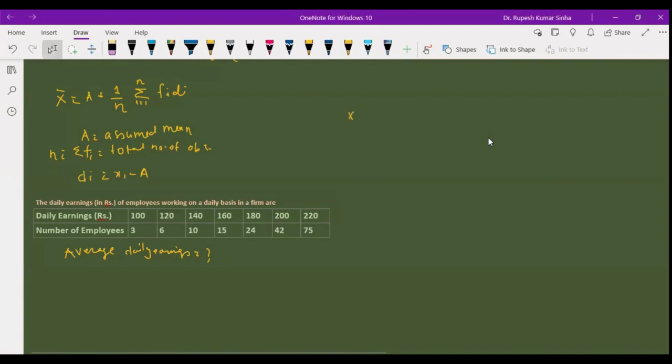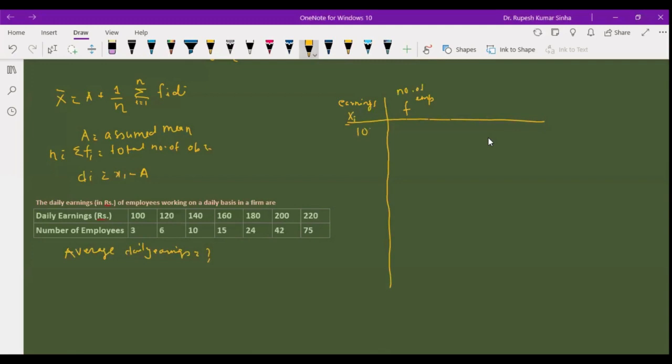So let me write these values something like this. So xi, what is xi? Nothing but daily earnings. So I'm writing here earnings in rupees, that is xi. Next one is frequency, which is nothing but the total number of employees. Let me write these numbers.